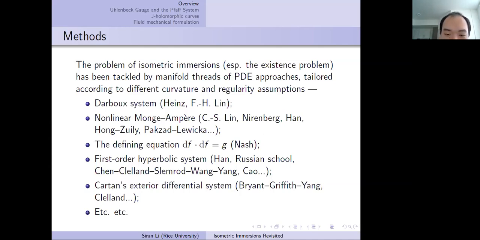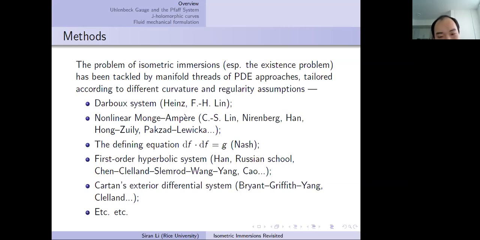And also, Nash approached this problem differently. He did it directly by looking at the first order system, df equals g, which is just the defining equation. And his method, or at least in certain expositions, for example Richard Hamilton's exposition, is more of a flow type, or ODE philosophical approach.